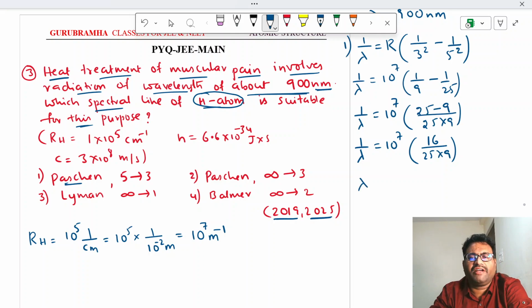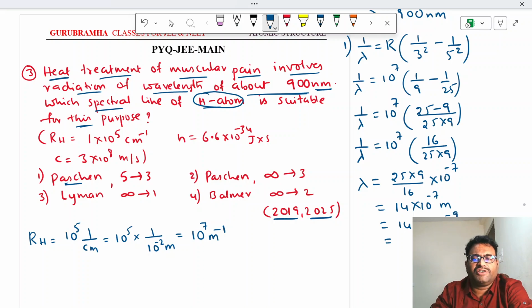Then lambda will be equal to 25 into 9 by 16 into 10 power minus 7. So then what do you get? You get 14 approximately into 10 power minus 7 meters, which is equal to 1400 into 10 power minus 9 meter, which is equal to 1400 nanometer.